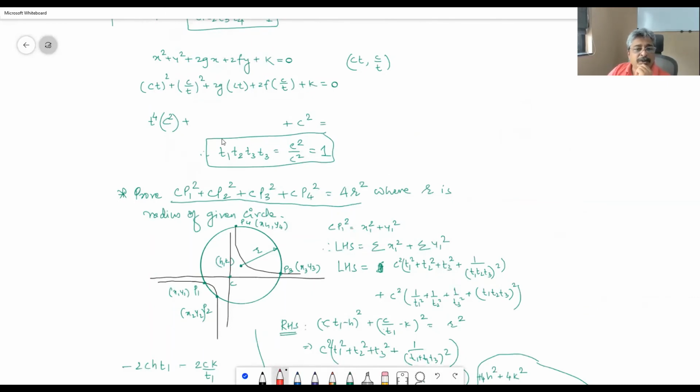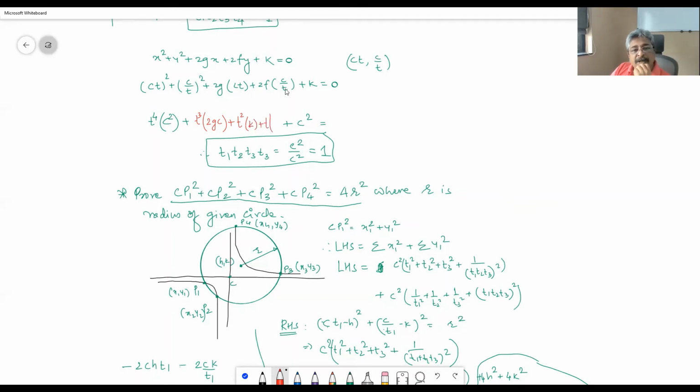So what will be the coefficient of t cube here? It is going to be 2gc, right? Plus what is the coefficient of t square? T square is going to be k, बरोबर आहे? Plus what is the coefficient of t?